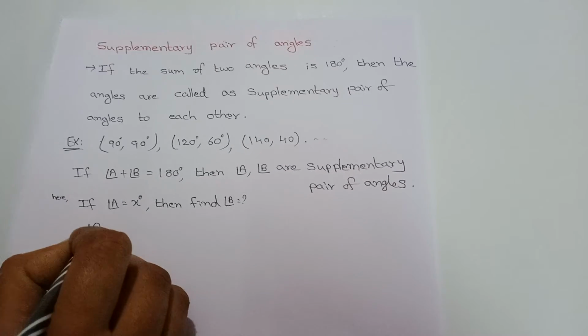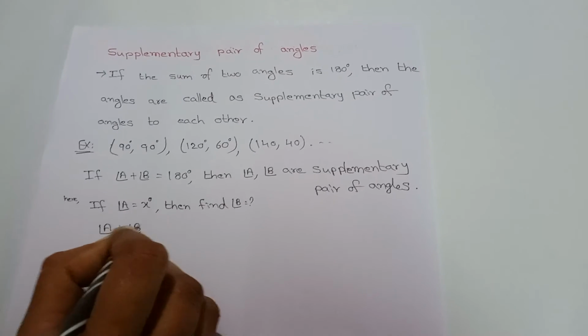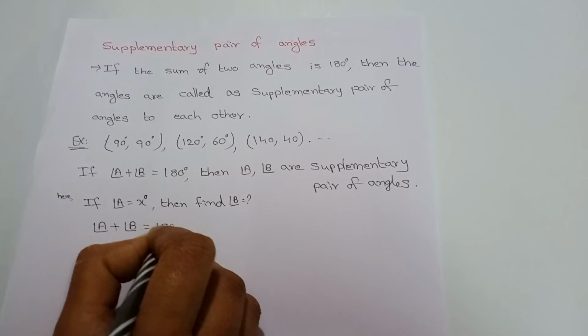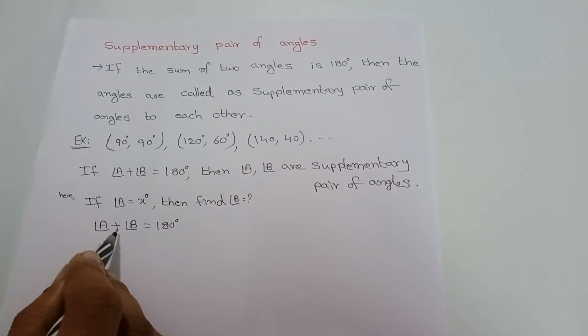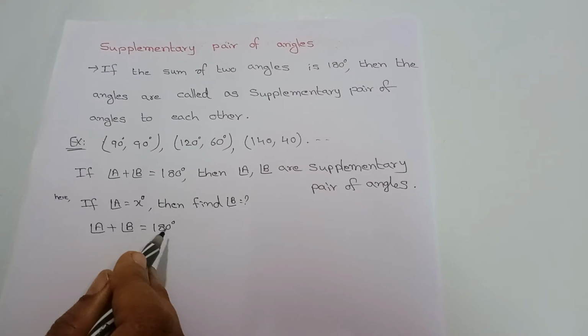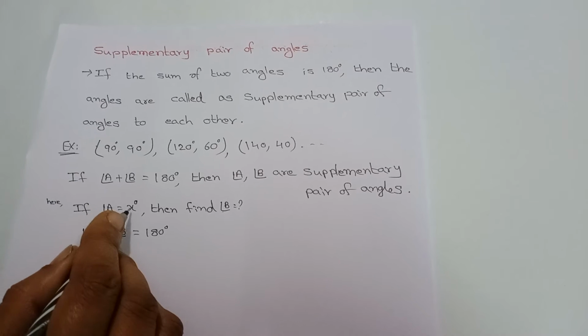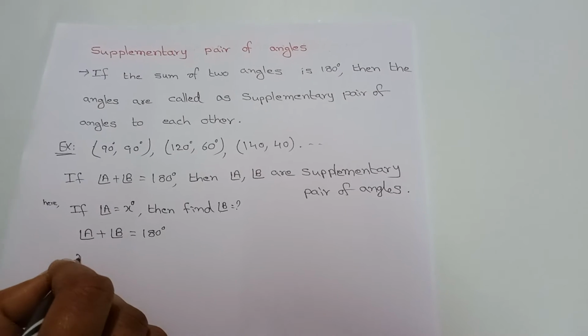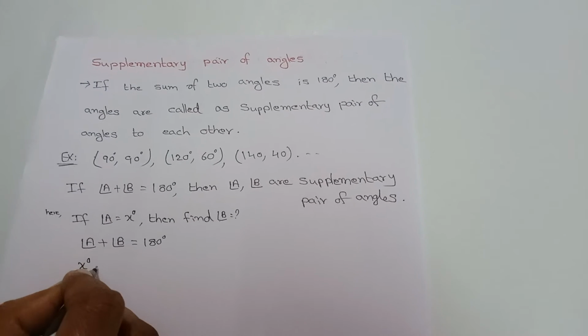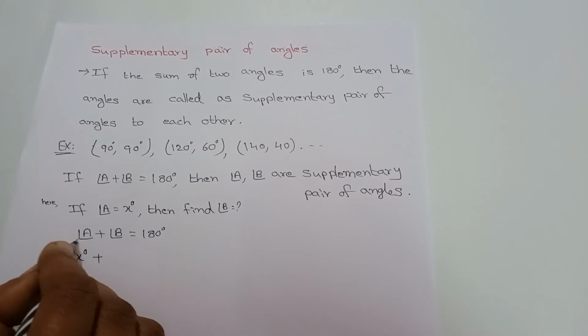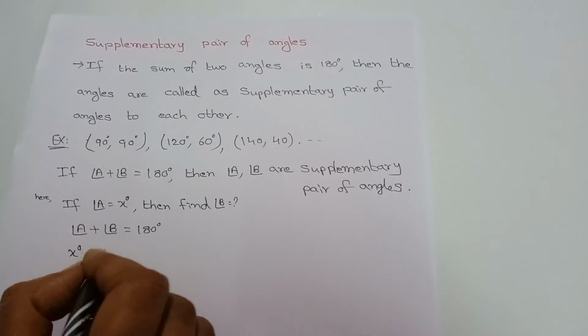That's why angle A plus angle B is equal to 180 degrees. Here angle A value is given, we take x degrees. That's why angle A replace with x.